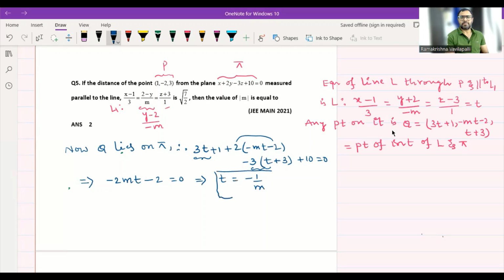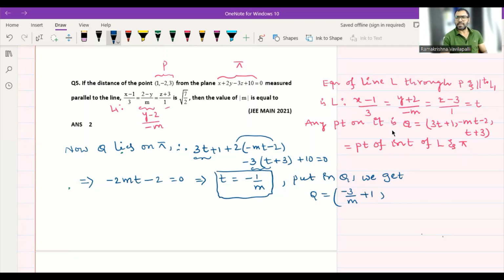So substituting the value of t in Q, we get Q equal to, substituting the t value here, minus 3 by m plus 1 comma, this mt value is minus 1.